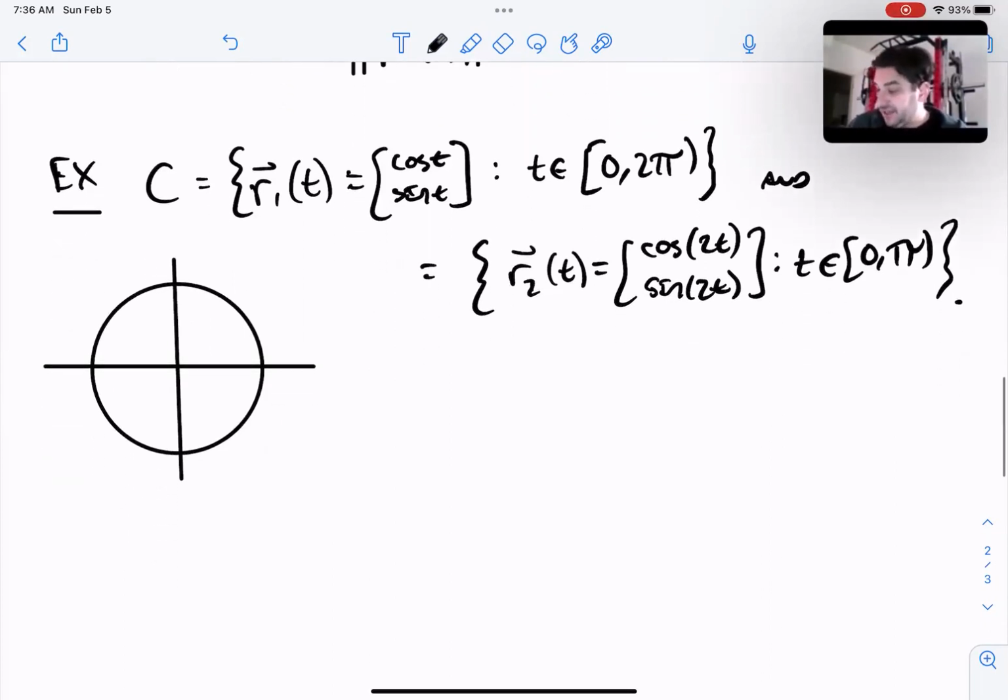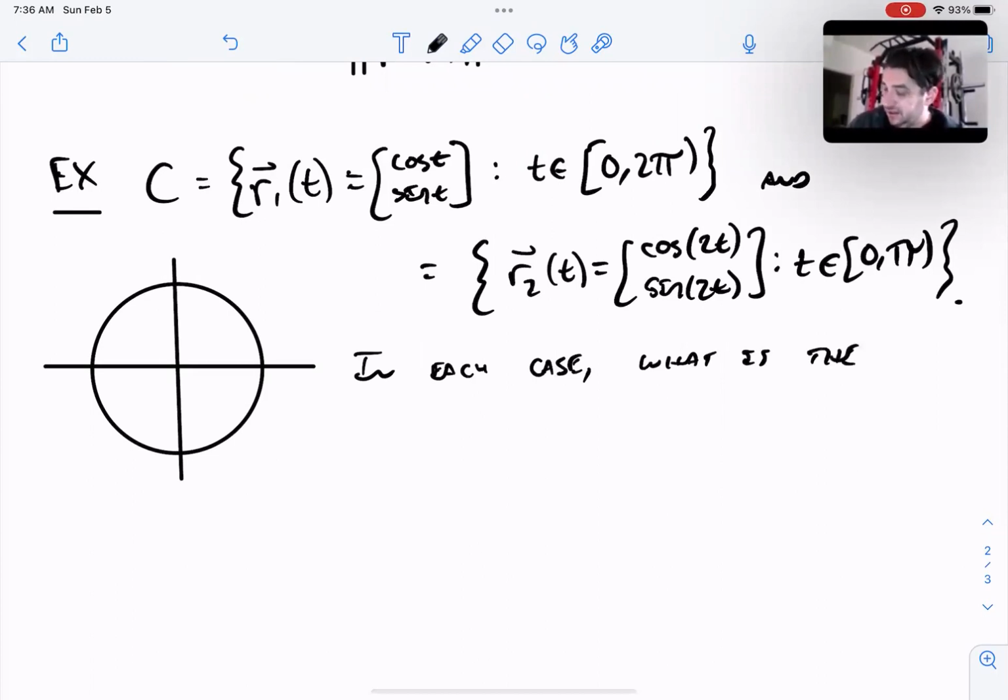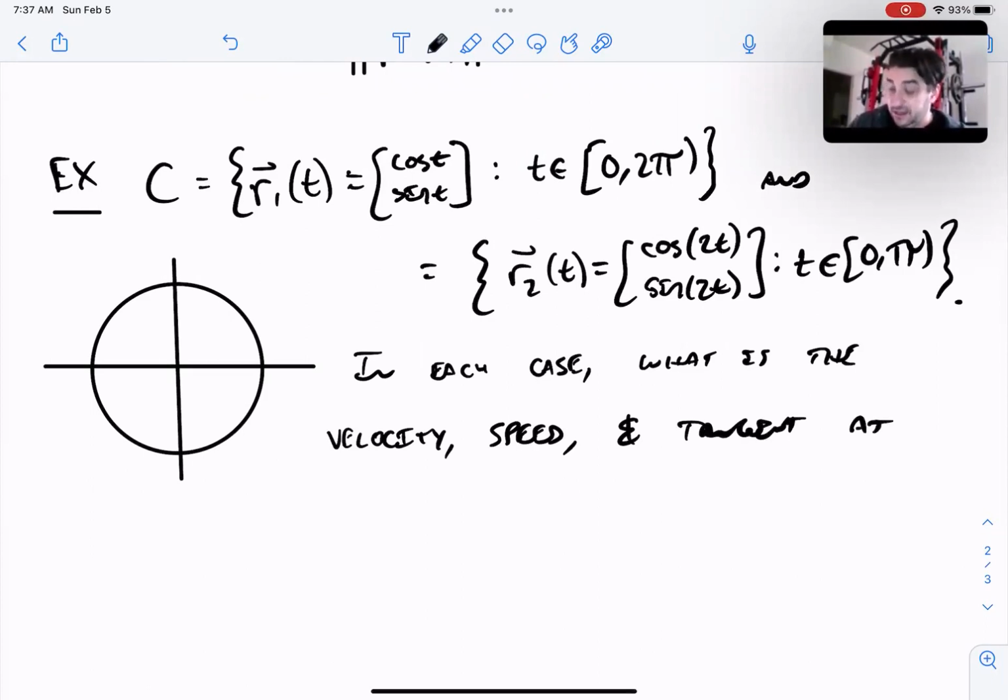But suppose I said in each case, what is the velocity, speed, and tangent at, let's say, the point root 2 over 2 comma root 2 over 2, right?